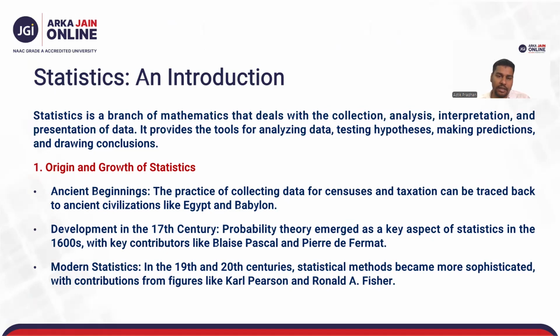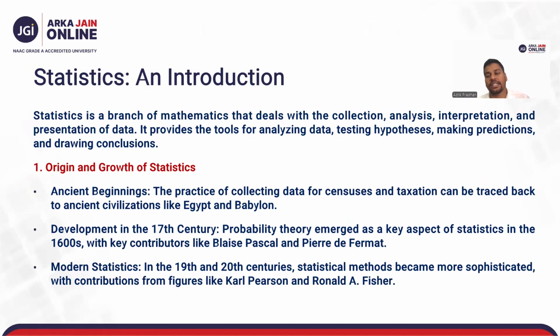Ancient beginnings: the practice of collecting data for census and taxation can be traced back to ancient civilizations like Egypt and Babylon. Development in the 17th century: it came into the picture based on probability.